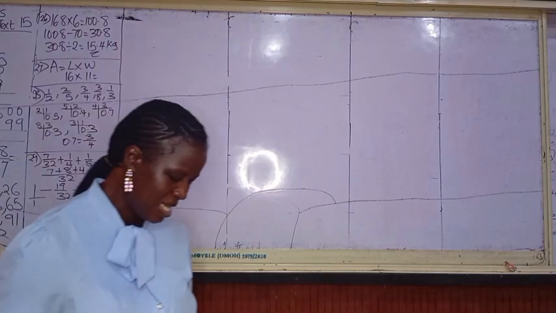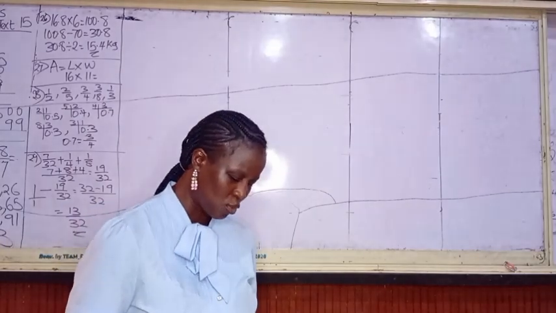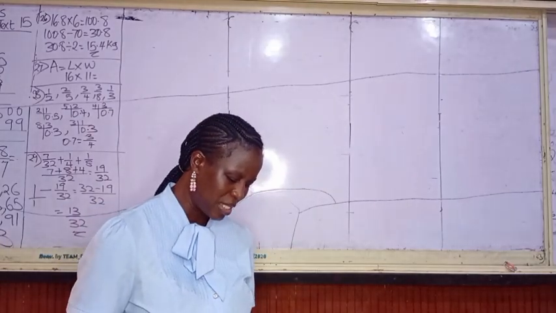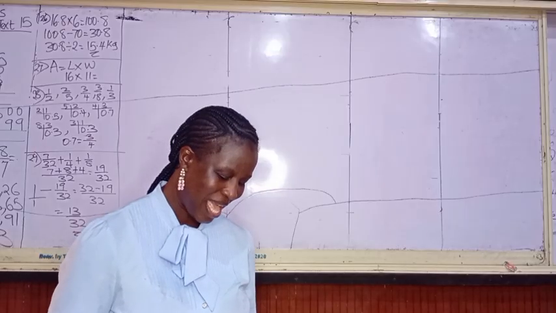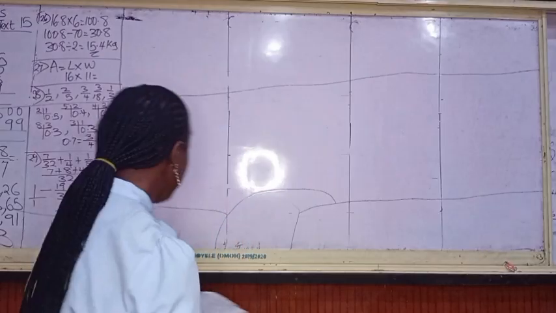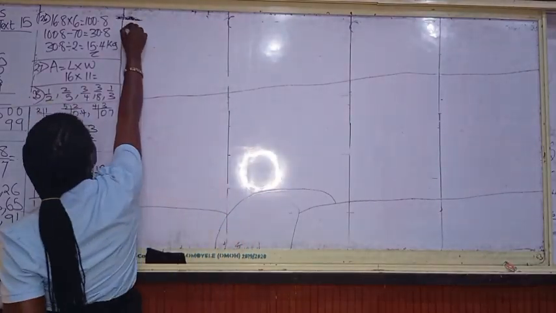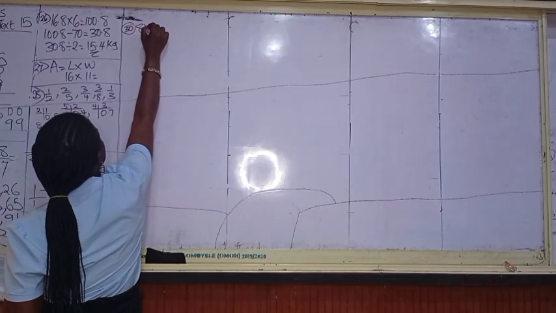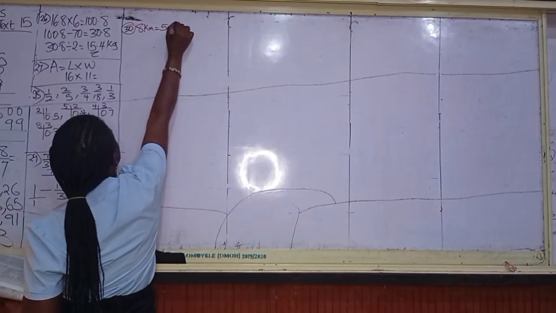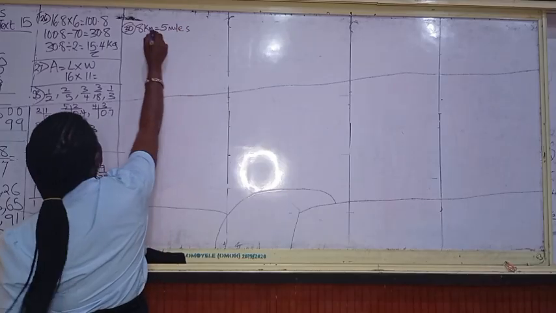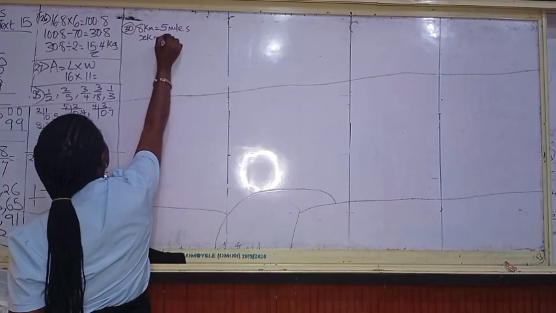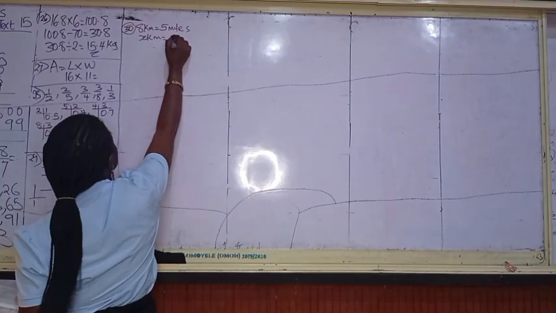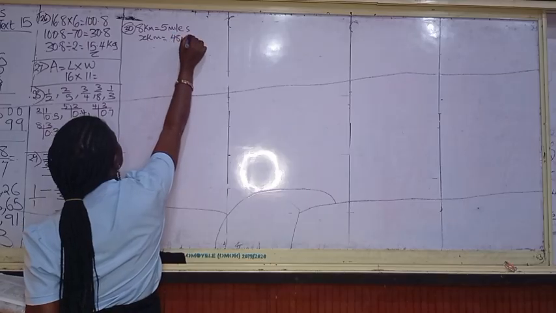Number 30 says, given that 8 kilometers is equal to 5 miles, how many kilometers to the nearest whole number are there in 43 miles? We are told that 8 kilometers is equal to 5 miles, and the question now is, how many kilometers will be equal to 43 miles?